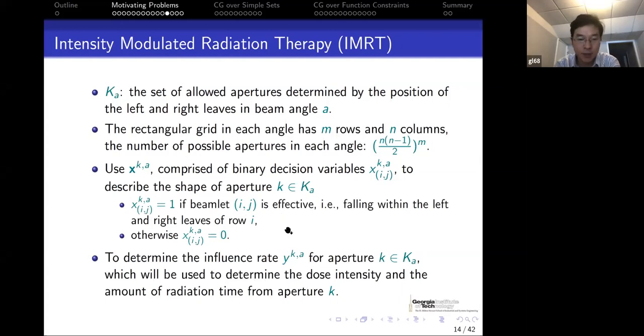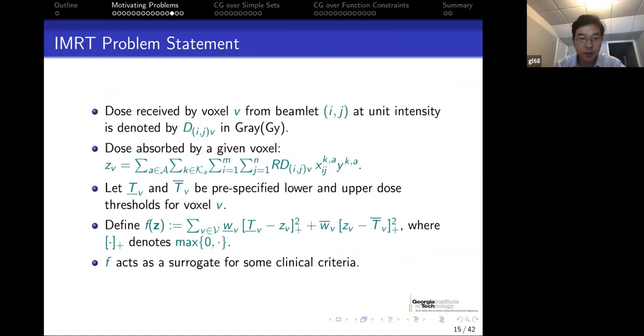The decision we also need to make is to determine the intensity rate from each aperture. This will be used to determine the dose intensity and the amount of radiation time from each aperture k. The problem can be formulated as an optimization problem in the following way.